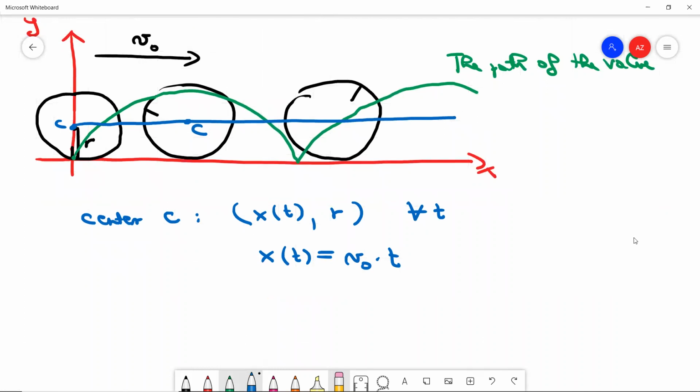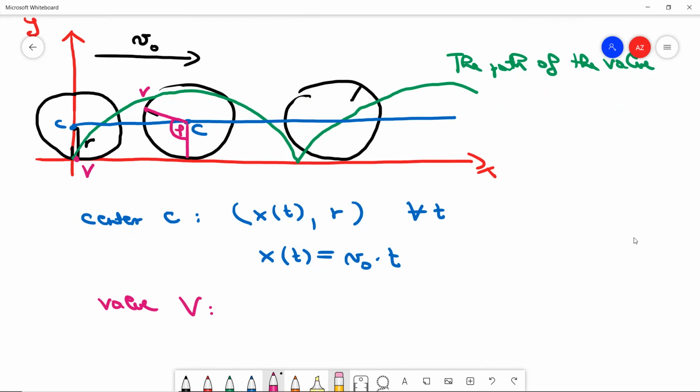And okay, we have our wheel, we have our valve. Let's say that we would like to describe the position of the valve. We have this valve V. What's the position of this valve when C is at position x of t, r? Let's introduce this angle phi.